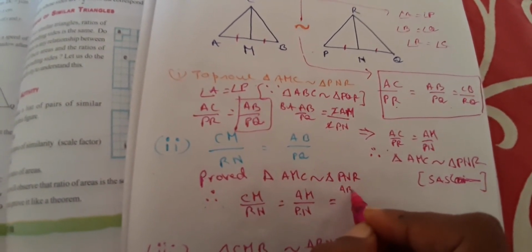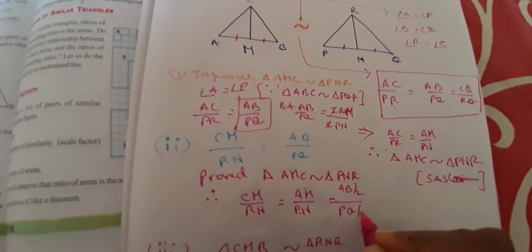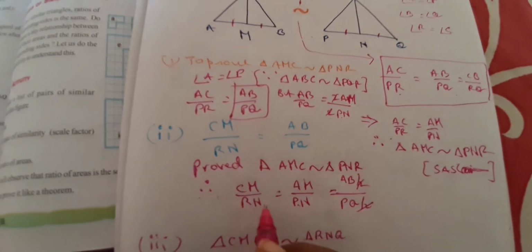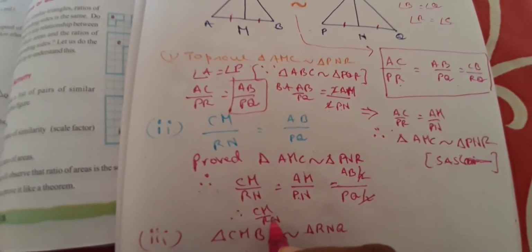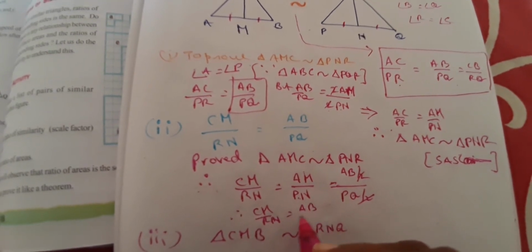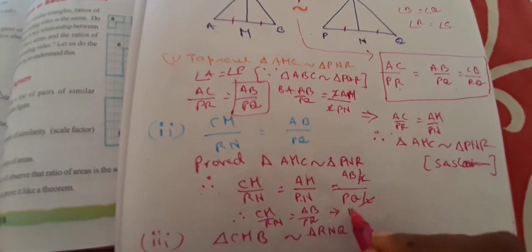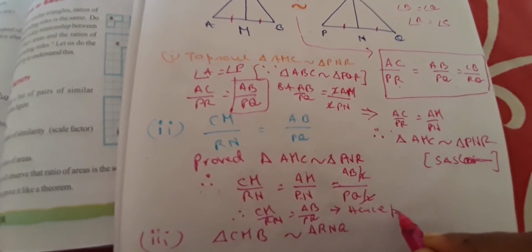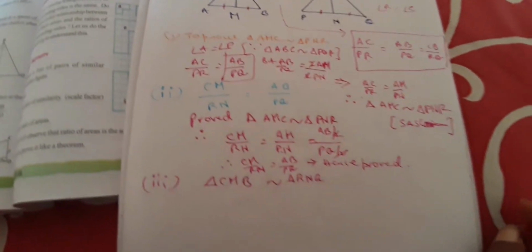So, AB by 2 divided by PQ by 2. 2 will get cancelled. So, therefore, CM by RN is equal to AB by PQ. Finished. Hence proved.